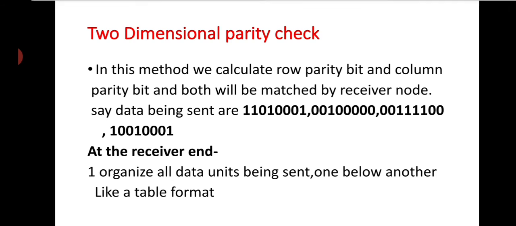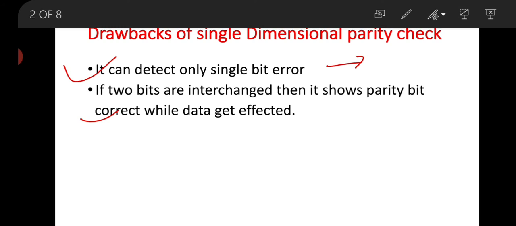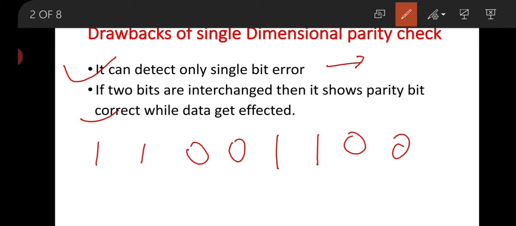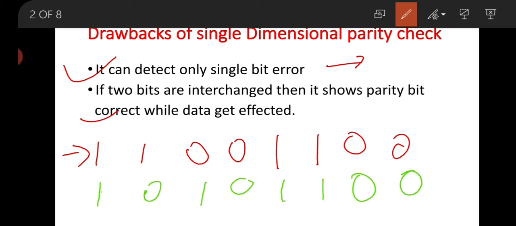Suppose we are going to send the data 1 1 0 0 1 1 0 0. After sending this data, at the receiver end the data is received as 1 0 1 0 1 1 0 0.